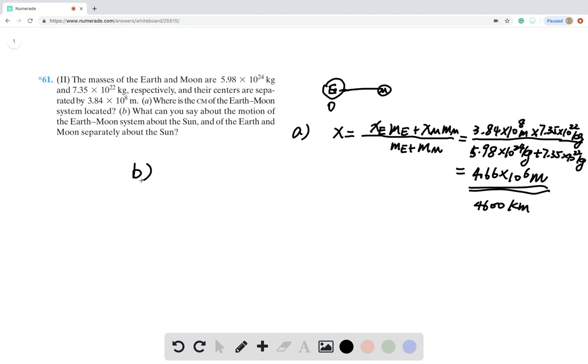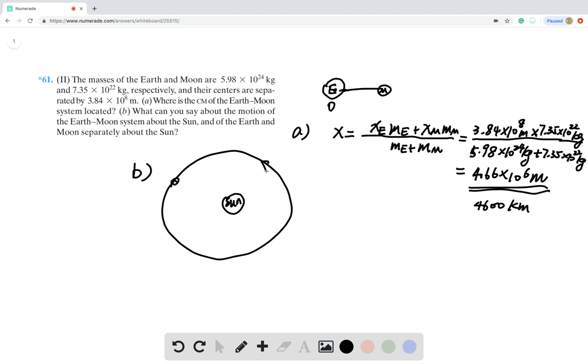We know that back in chapter 5, when we were talking about circular motions, if we treat both the center of mass of this system and the Sun as point particles, this point particle is orbiting the Sun in a circle, or maybe actually roughly elliptical, but it's doing circular motion around the Sun.